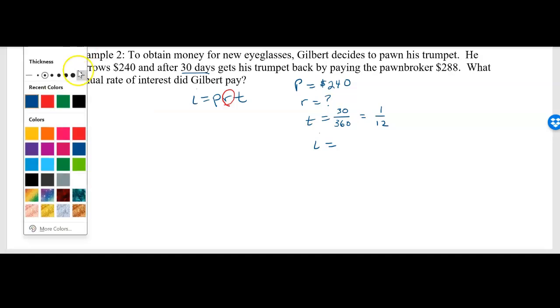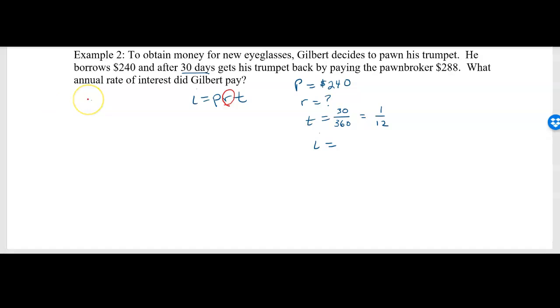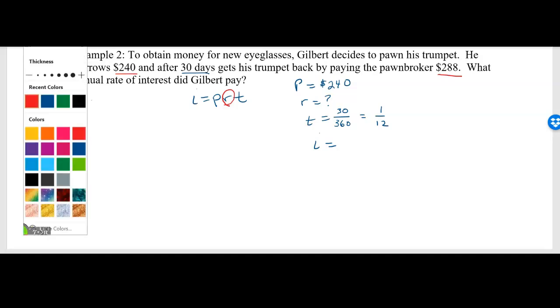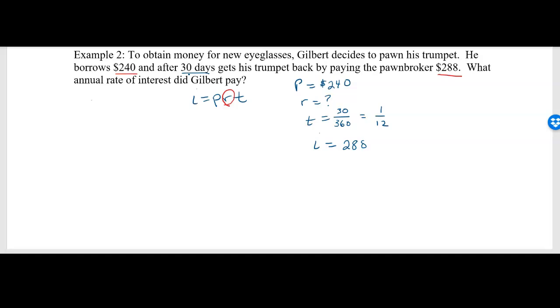Let's go back to the problem. It says that he borrowed $240 and he paid $288 to get it back. That's your total amount. Then what I could do is subtract, because wouldn't that be the interest? Wouldn't the interest be the total amount he paid and the amount he borrowed, and subtract the two?